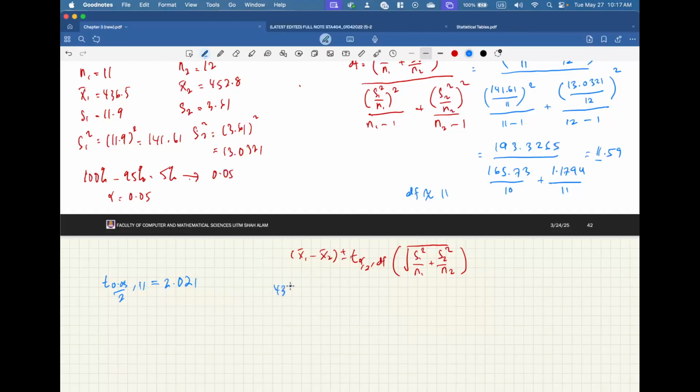Then we transfer all the information given to us to this formula. 436.5 minus 452.8, plus or minus 2.021 times the square root of 141.61 over N1, which is 11, plus 13.0321 over 12, and we take the square root of all of this.